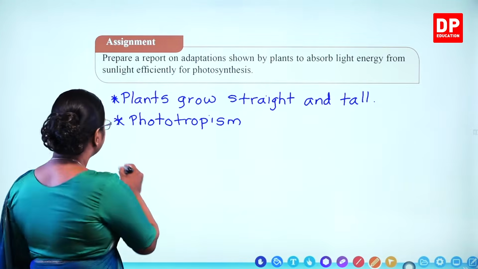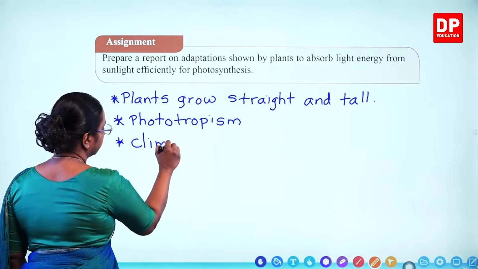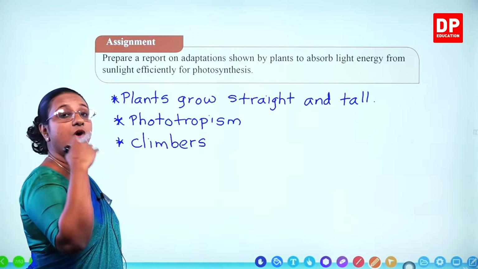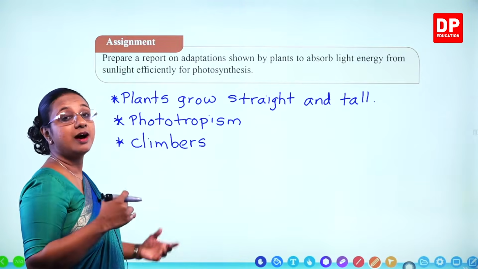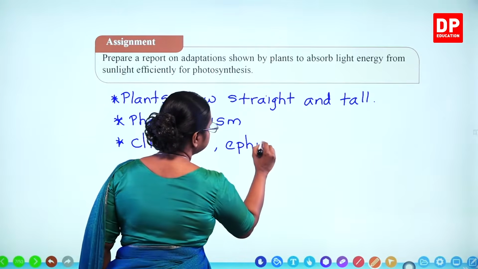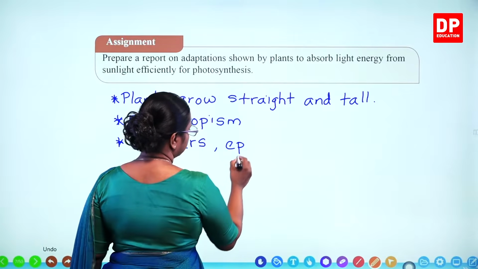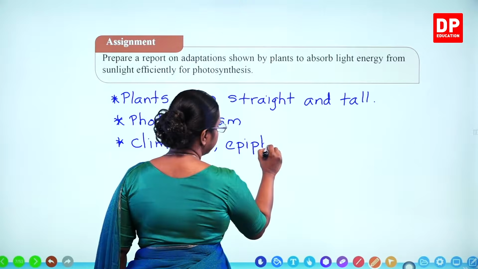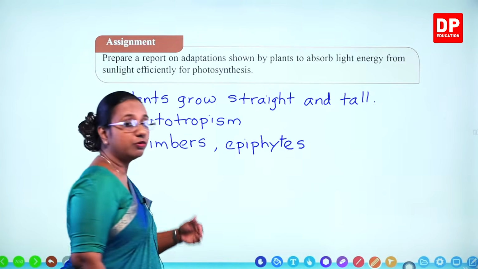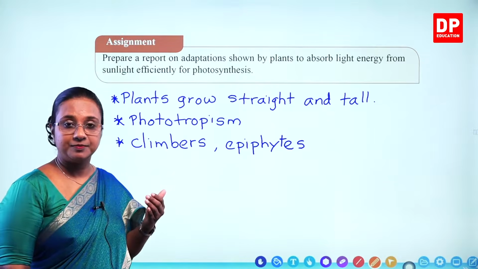So there are climbers that grow on a higher surface or grow around a large plant, and the epiphytes that grow on a tall surface in order to obtain sunlight.